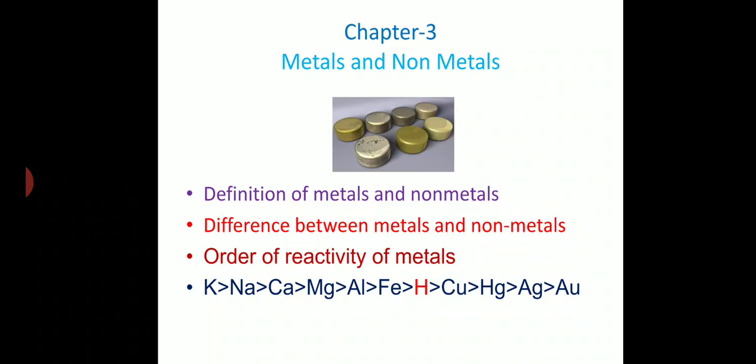You can see here it's not a metal, it is a non-metal. Why is it placed in the activity series of metals? Here we understand that the metals placed to the left of hydrogen are more reactive than hydrogen. These metals can displace hydrogen from acids, whereas metals placed on the right side of hydrogen are less reactive than hydrogen. These metals cannot displace hydrogen from acids, right.